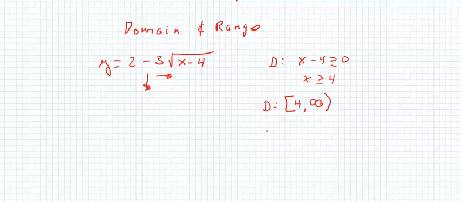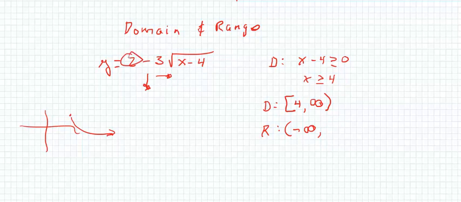If my graph is going down, the range, if you look at my graph is like this, and it's going down and to the right, my range is negative infinity up to my starting point, which is 2. I'll always include these starting points. All right? Let's look at one more.